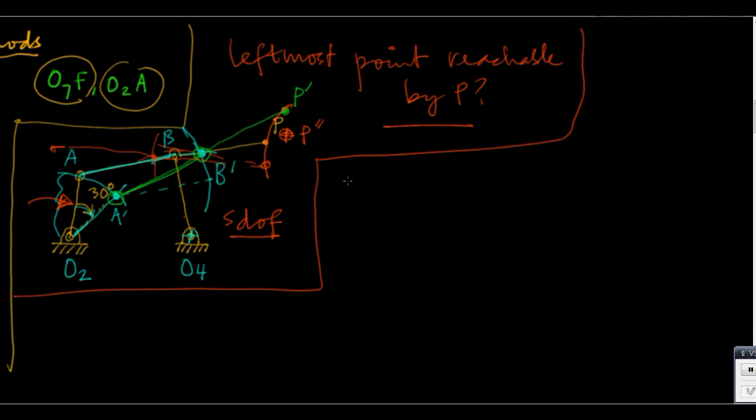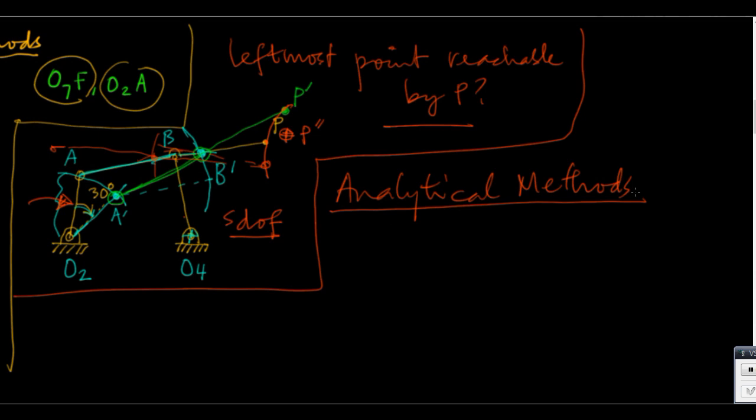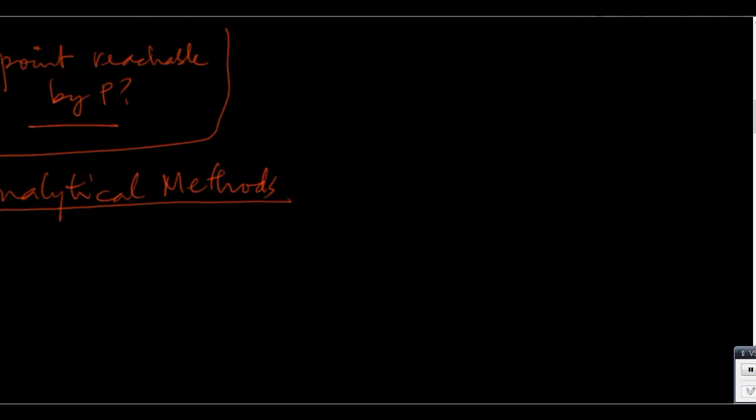In analytical methods, for planar problems, there are several rather lovely simplifications that are possible, and one of them is the use of complex variables. Complex variables, we work like this.